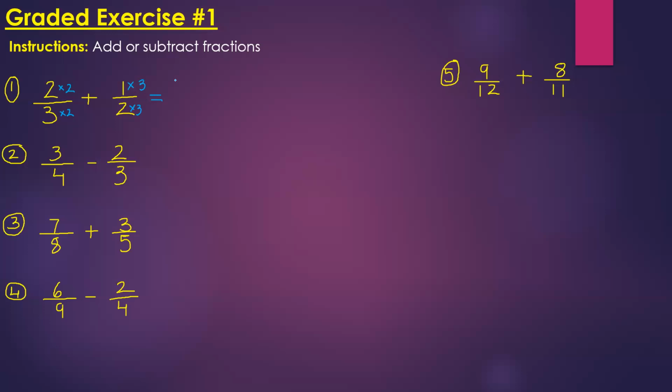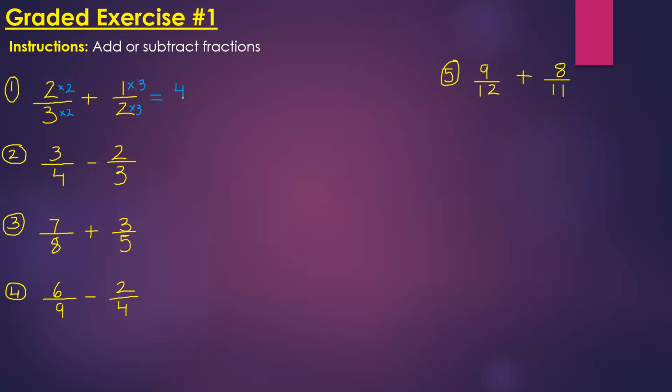Where did you get 6 over 4 from? Why do you have 2 times 2? 2 times 2 is what? 4. So why did you say 6 over 4? Oh, I meant 4 over 6.